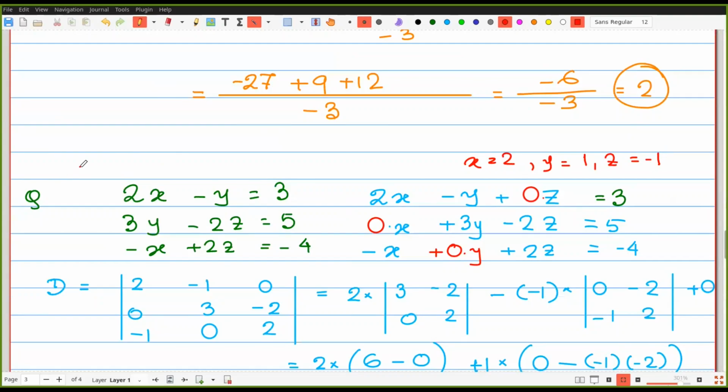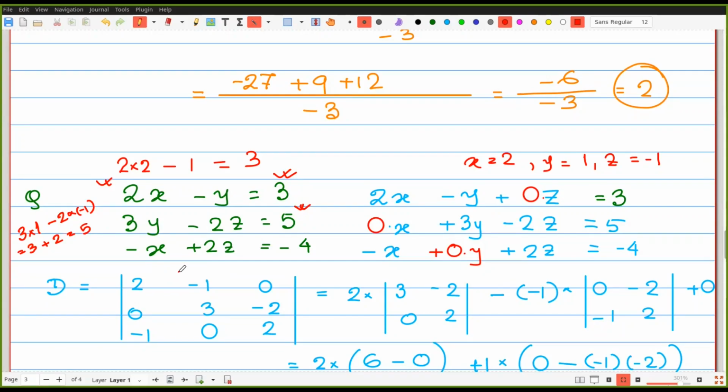Let's check what is happening. 2 into 2 minus 1, that one is 3, so the first equation is satisfied. Second equation: 3 into y, that is 1, minus 2 into z, that is minus 1. So that is 3 plus 2, or 5, satisfied.